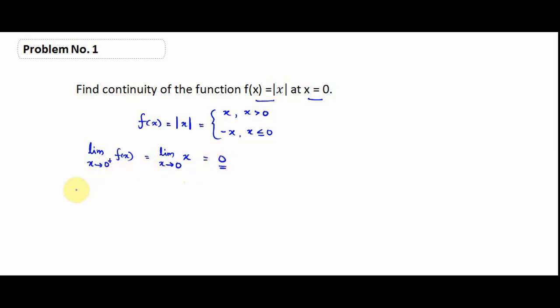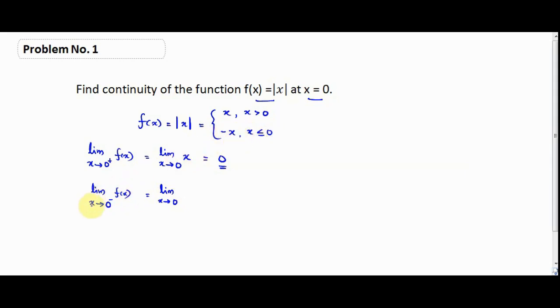Now let's find out the value of the limit when we approach from the left side. So let's find out limit x tends to 0 minus f of x. Here f of x will take values equal to minus x when x is less than 0.